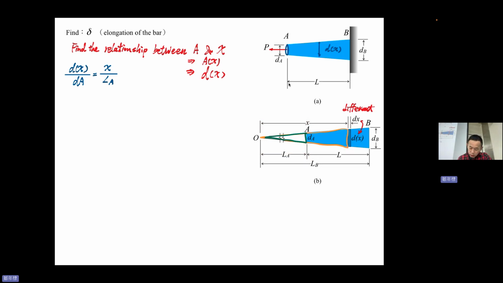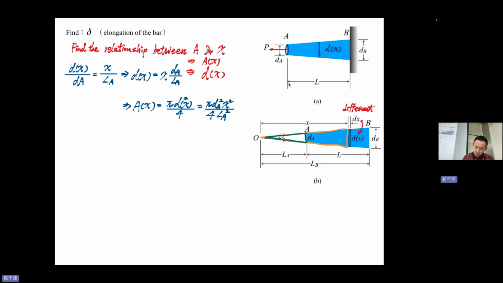So now we can get d of x over x equal to dA divided by LA, and A of x equals pi d of x square divided by 4, which equals pi dA square x square divided by 4 LA square. Okay, so A of x, we obtained that.